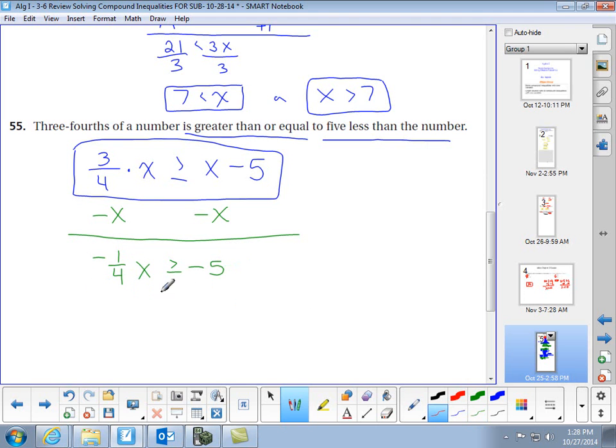I can divide by negative 1/4, or I can multiply by the reciprocal. It does not matter. You can do it either way. But in either case, I either divided by a negative or multiplied by a negative, so I have to flip that sign, and I get x is less than, and this should give you positive 20. A negative times a negative is a positive.